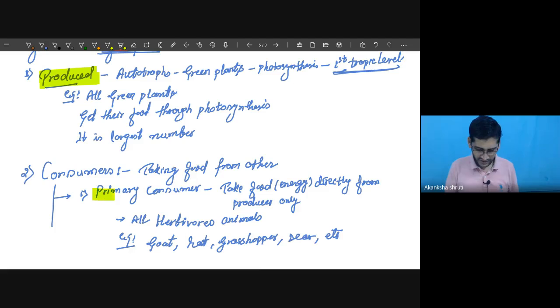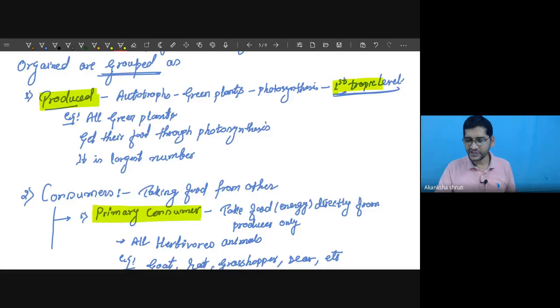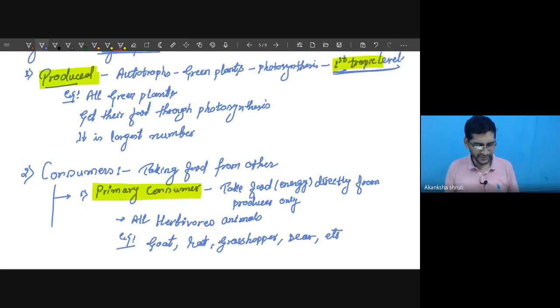This category is called the primary consumer. The primary consumer is called the second trophic level because it directly depends on the first trophic level. You can write it is the second trophic level.